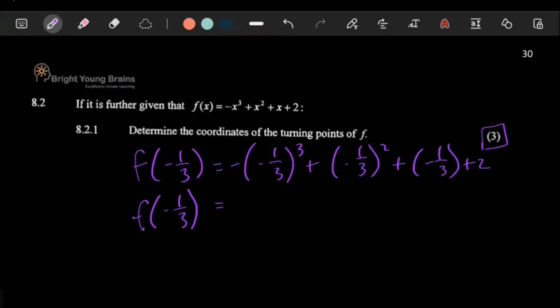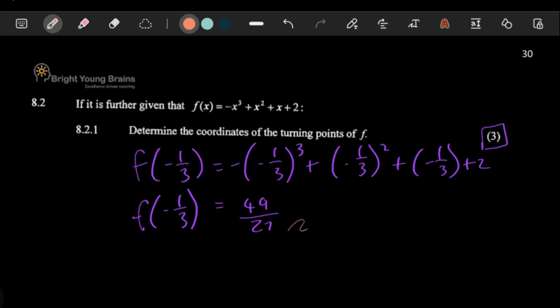Negative a third, the whole thing cubed, plus negative a third, the whole thing squared, plus negative a third, plus 2, right? This is like 49 over 27.